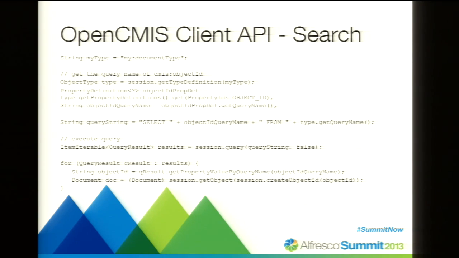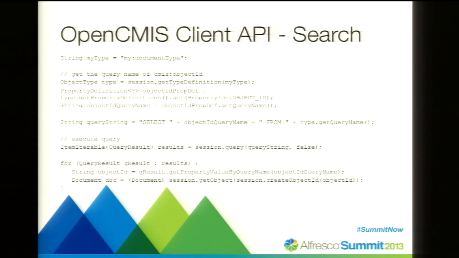We have a select, and each content type in the repository is matched as a table in the SQL table model. The query method allows us to execute the query, and then we can iterate the result set to get each object's metadata. So we have a different way to invoke calls against the Alfresco repository.